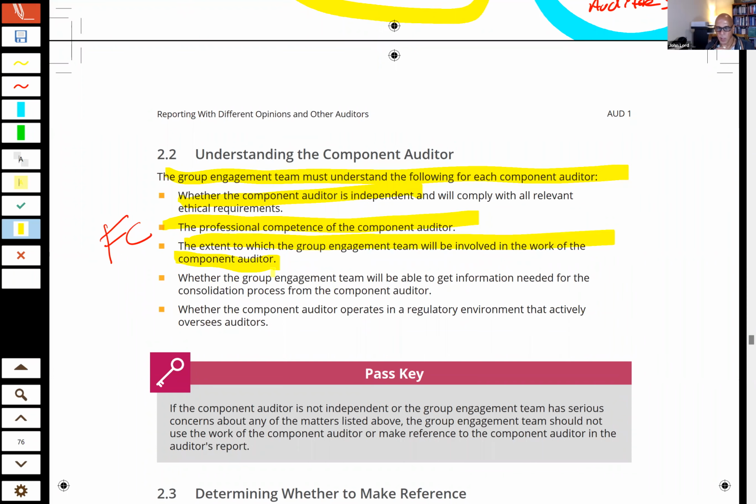Under some circumstances, we will be directing the work of those component auditors. We will say, do this, do that, we want you to do these procedures on the components, etc. In other cases, we will simply take their report. It depends on what level of responsibility we're going to assume. We also need to understand whether the group engagement team will be able to get the information needed, and whether the component auditor operates in some sort of regulatory environment. You can flashcard those as well.